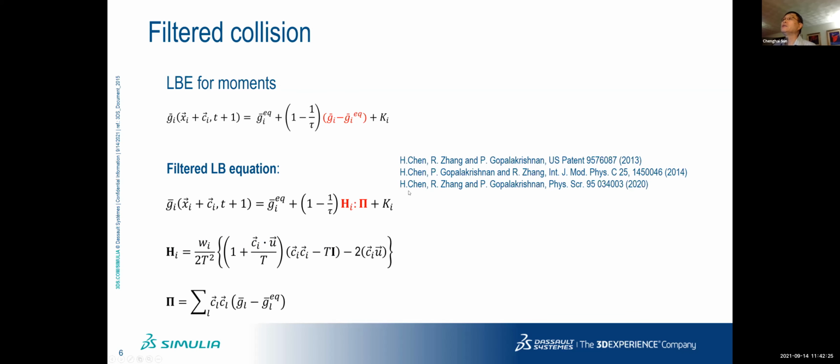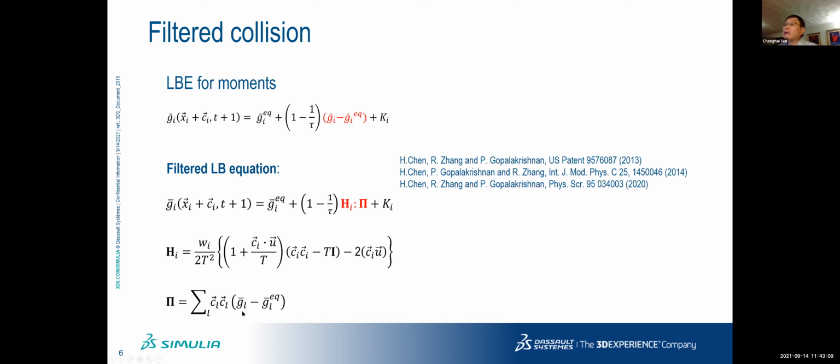In our work, we adopt the filtered collision. The standard lattice Boltzmann equation can be written in this form. This is equivalent to the previous lattice Boltzmann equation. This is the non-equilibrium distribution. For the filtered equation, we replace this non-equilibrium distribution by a filtered form, defined here.